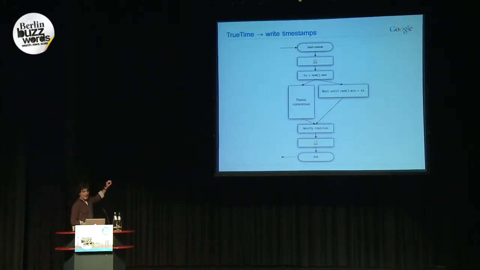Here's the flow that the Paxos leader of a partition goes through when it receives a commit request from a client. The request comes to the leader, start commit. It acquires transaction locks. This is the 2-phase locking part of this whole system that works the way 2-phase locking usually does.